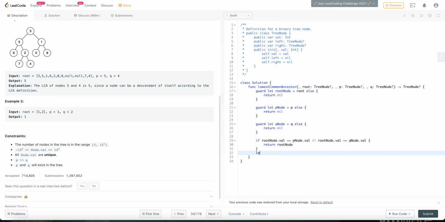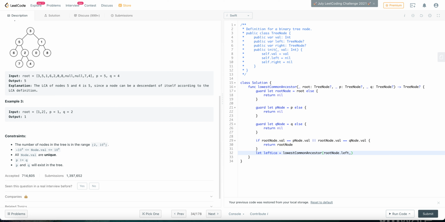and let's say this condition is not passed. Then we will calculate the left LCA, that is the lowest common ancestor, and we will pass rootNode.left, the left subtree.